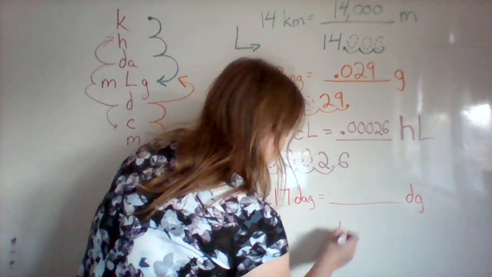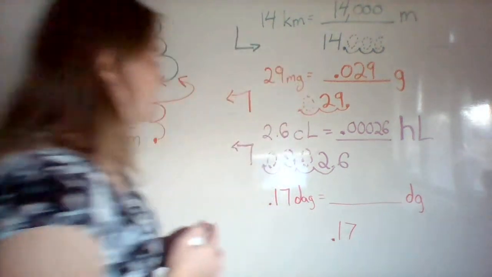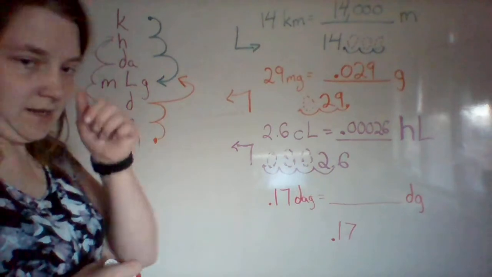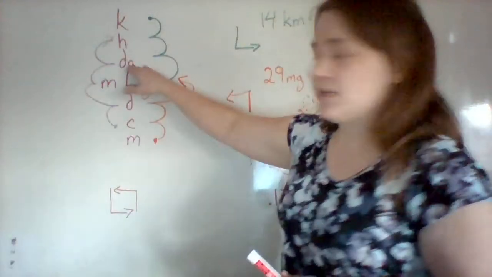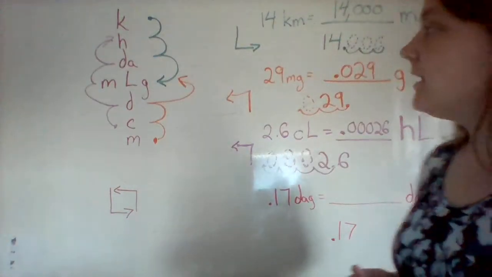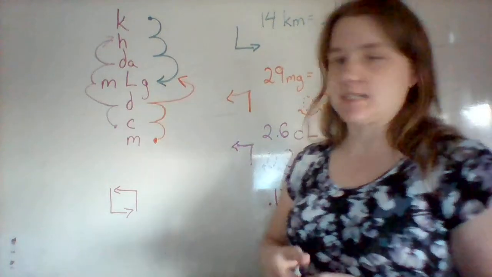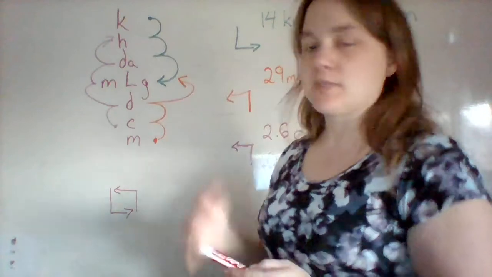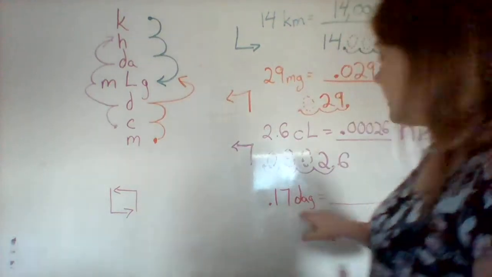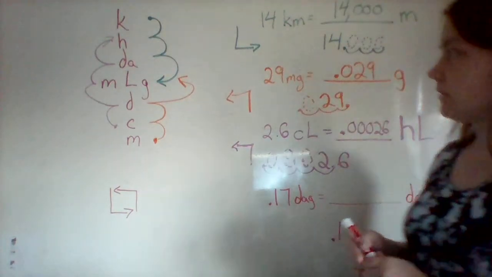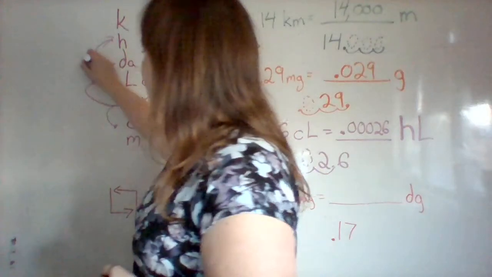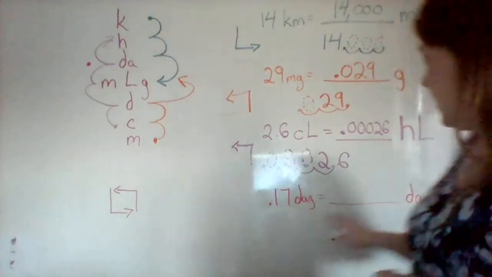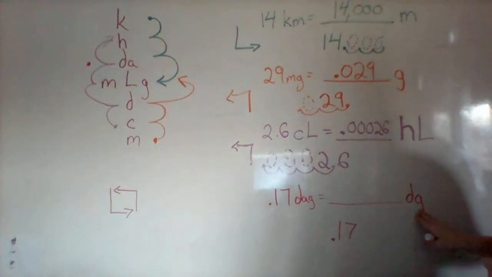And now we have one more problem to look at together, and this is going to be 0.17 decagrams. Deca is always abbreviated with the A. Deci doesn't have anything. So when you're putting these in order, the A goes to the first one. So we need to go from decagrams, DA, and we need to get to decigrams, which is just D. So let's go ahead.